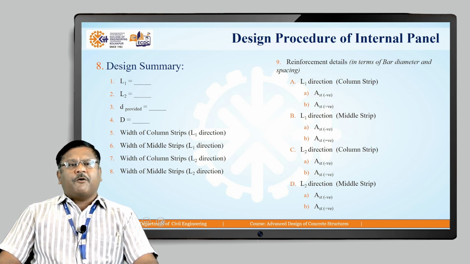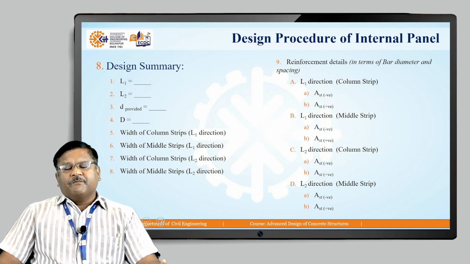These are the points you want to cover in the design summary. First is length L1 longer span, shorter span, D provided, or if overall depth is provided, then the width of the column strip and width of the middle strip in both directions, and then the reinforcement. While writing the reinforcement details, write them in terms of bar diameter and spacing.